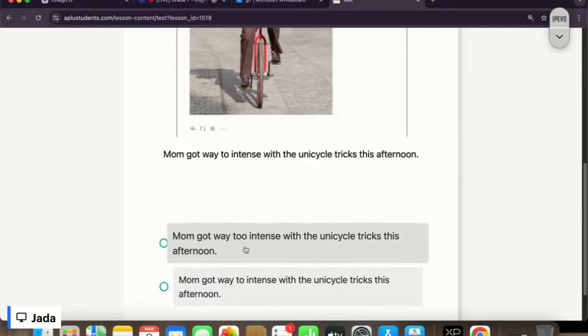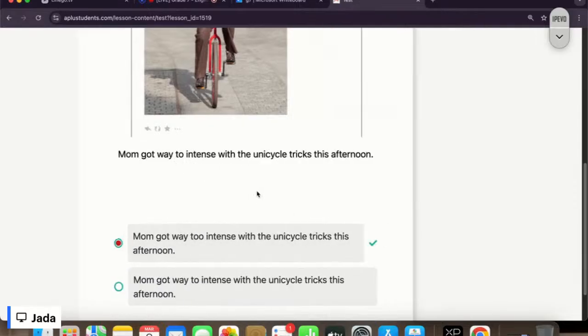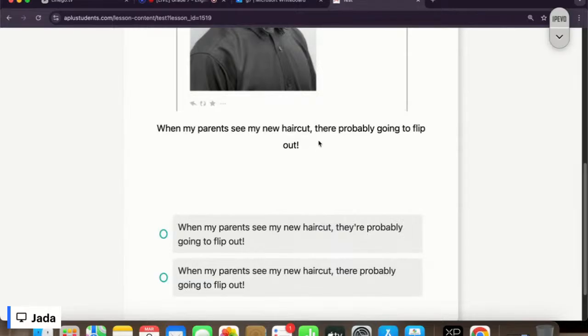So we have too instead of just two. Okay. Then when my parents see my new haircut, they're probably going to flip out, first to second.